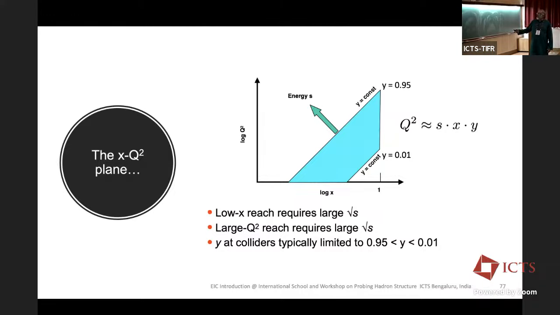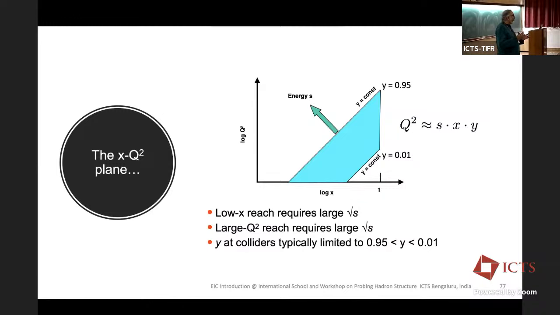Now, here's an example that you can actually calculate yourself and try for a few numbers. What I've shown you so far, the x-Q squared plane, I want you to calculate, knowing this, the values of x and Q squared at different values of s, the center of mass energy. Because one of the features of the Electron-Ion Collider will be that we will be able to collide at different centers of mass energy. Yeah?